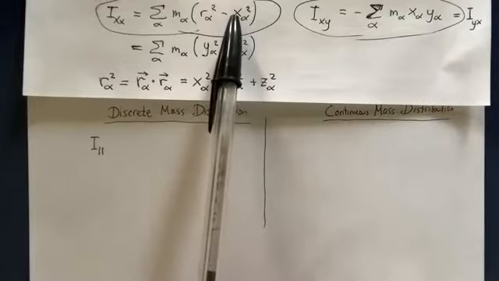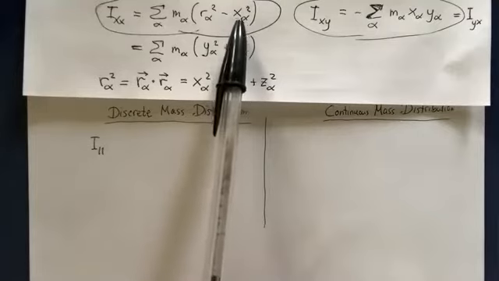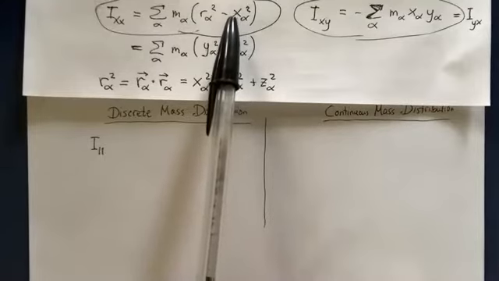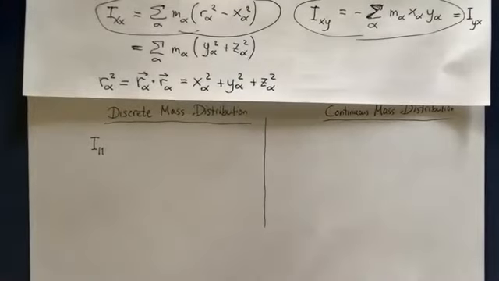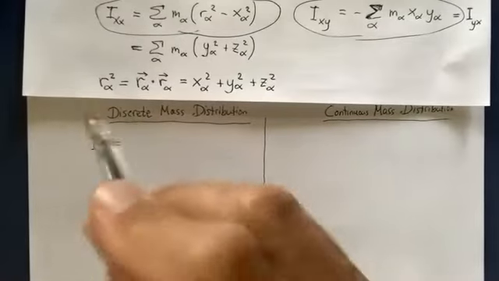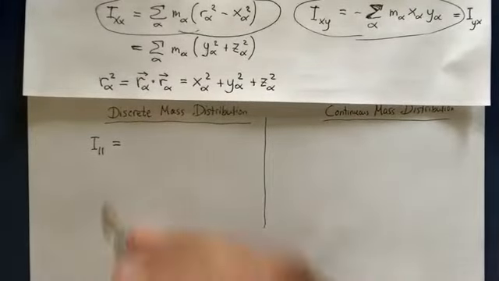We're going to have to write this as the number one component of position vector alpha, right? Because in the new notation, we don't talk about x, y, and z. We talk about components 1, 2, and 3. So here we go. This thing that we used to call Ixx, we're going to call it I11.